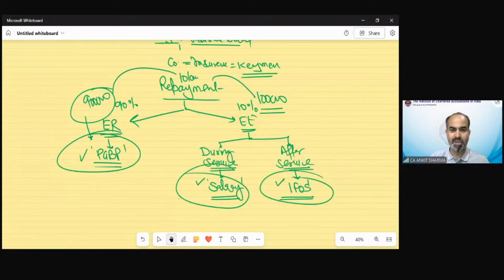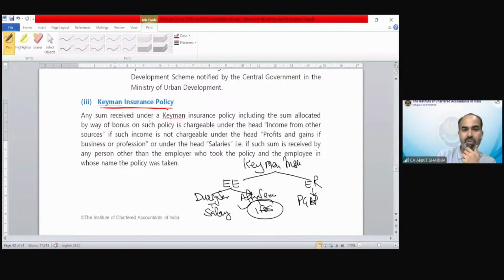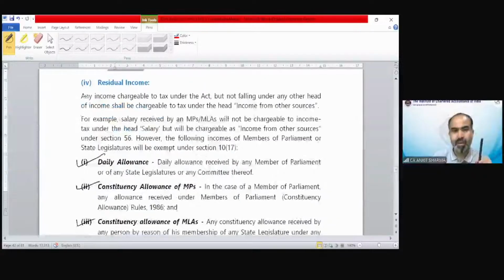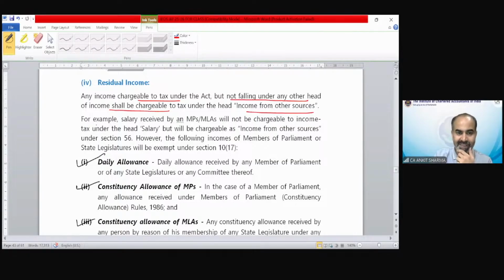Okay, so keyman insurance policy: any sum received under a keyman insurance policy, we have discussed this. You can go through the provision. Residual income: any income chargeable to tax under the Act, but not falling under any other heads of income, shall be charged to tax under income from other source. We all know about this. For example, salary received by MPs and MLAs, members of parliament and members of legislative assembly, will not be chargeable to income tax under the head salary, but will be chargeable as income from other source under section 56.